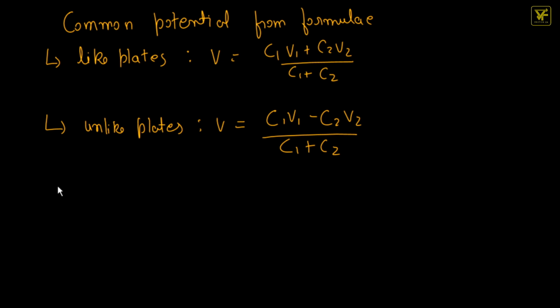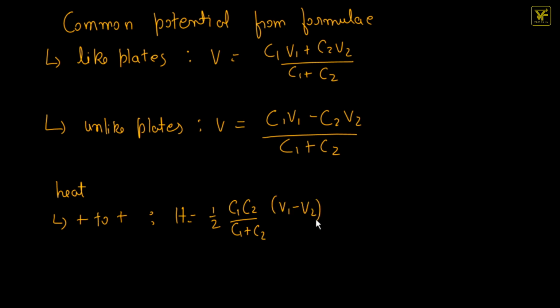Also, you have a formula for heat. In the first scenario, when you have positive to positive or like plates, the formula for heat is given as H equals half C1 C2 by C1 plus C2 times V1 minus V2 whole square.